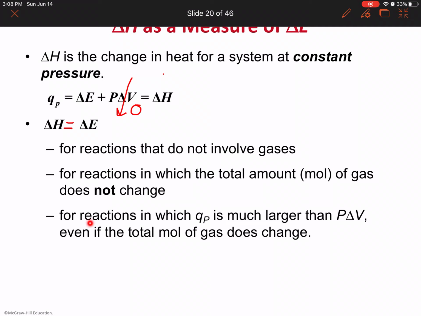And then for reactions in which QP is much larger than P delta V, even if you have a small amount of P delta V happening, you can neglect it, even if the total number of moles of gas does change. So with these assumptions, we can assume delta H equals delta E.